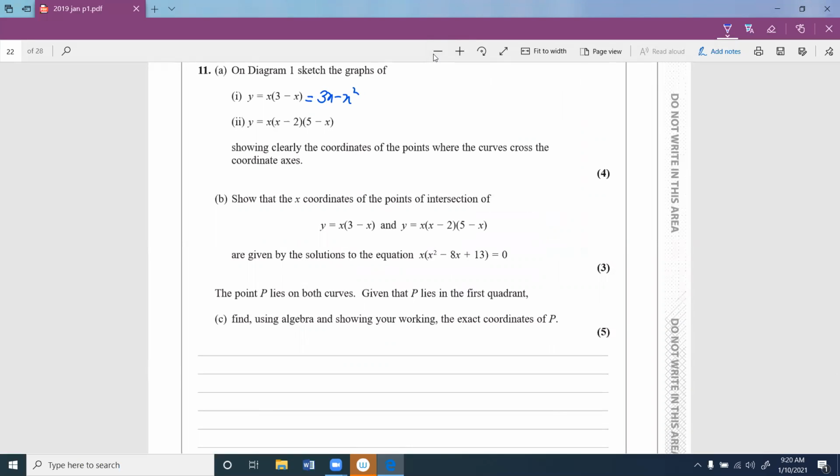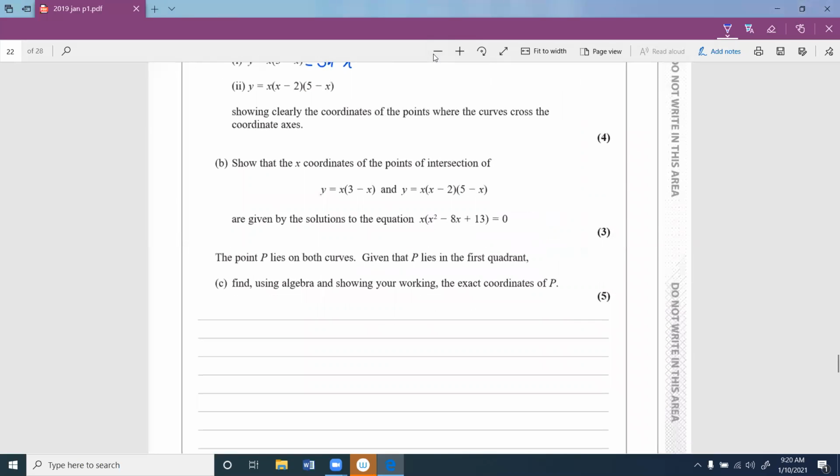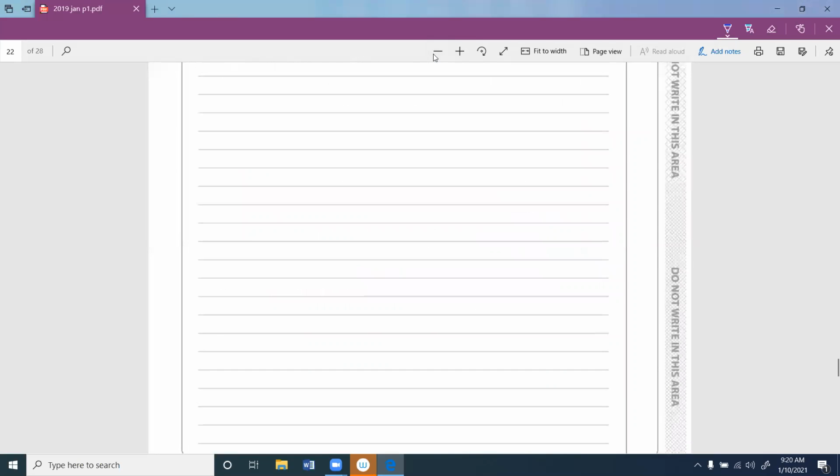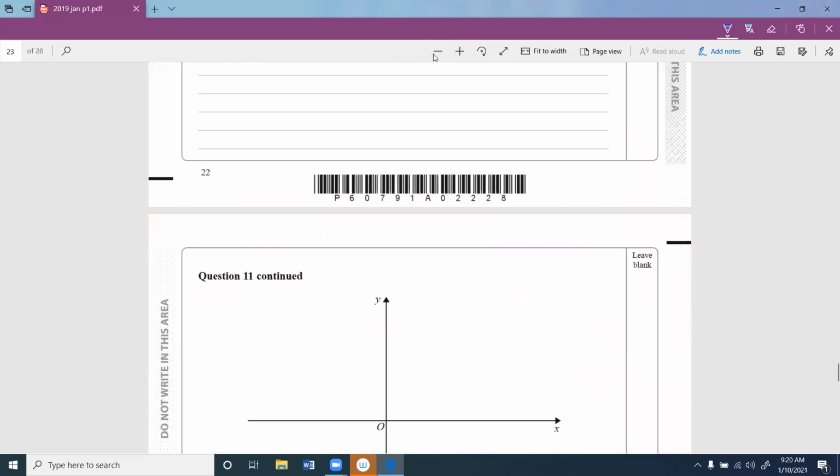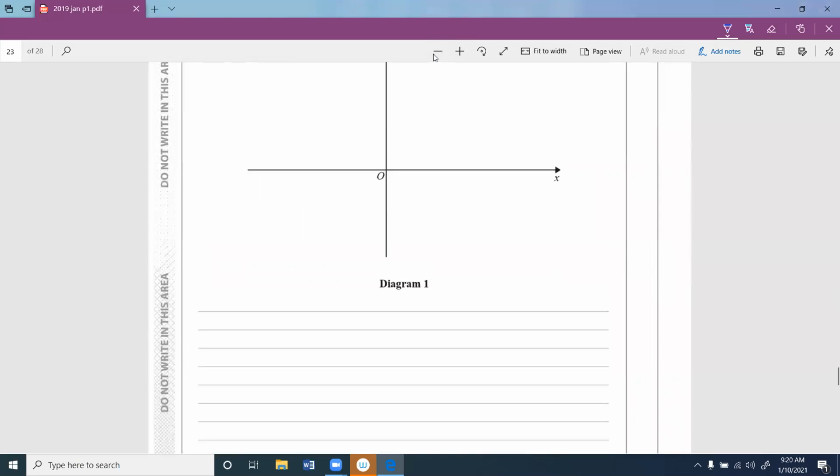Then if you sketch this, you can find its intersection with the x-axis. Intersection with the x-axis means x into 3 minus x equals 0. Therefore, the graph meets the x-axis at 0 and 3. So you can just mark 0 and 3 over here. These are the 2 points.